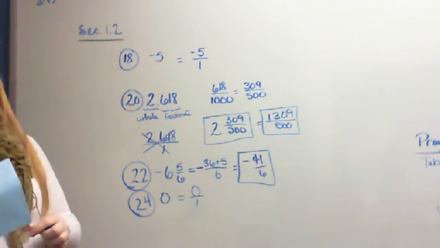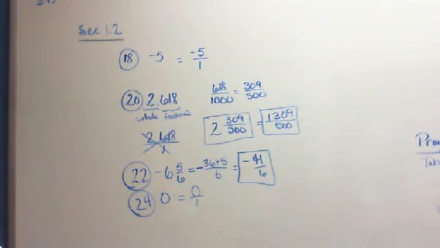Now, this has been a shorter video than your last video, and that's an excellent thing. I'm glad that it's shorter. However, you still have classwork and you still have homework. The only difference is this time your classwork is your homework. So once you're done with your classwork, you can actually check yours yourself this time.